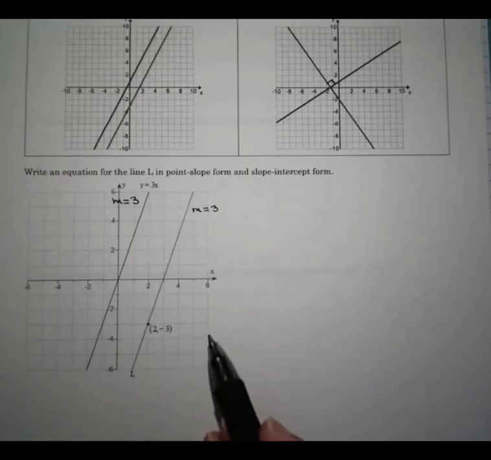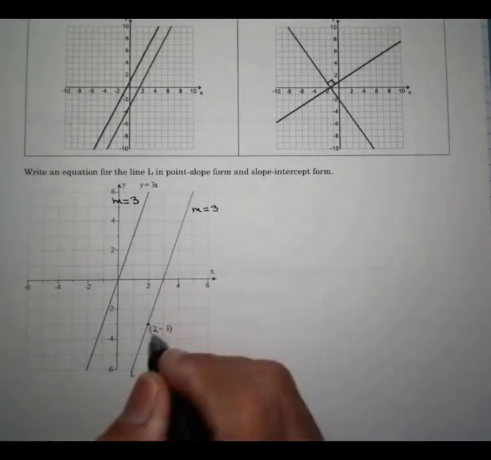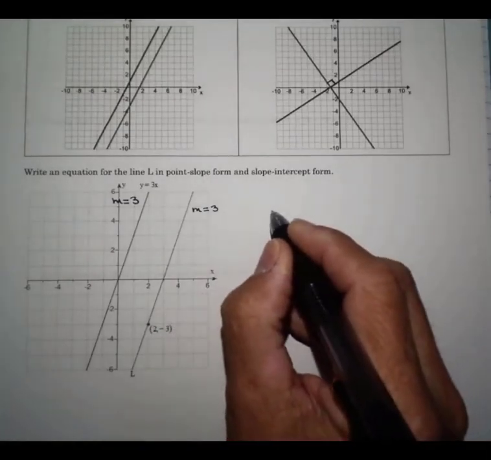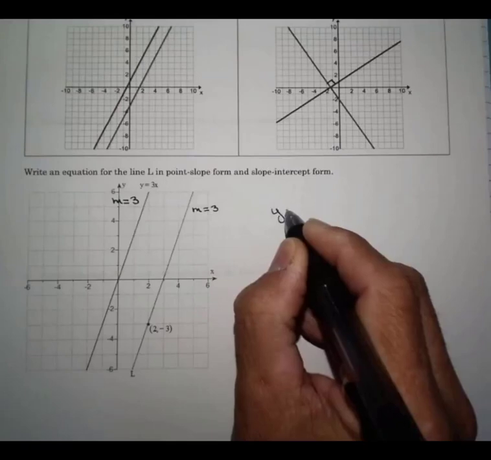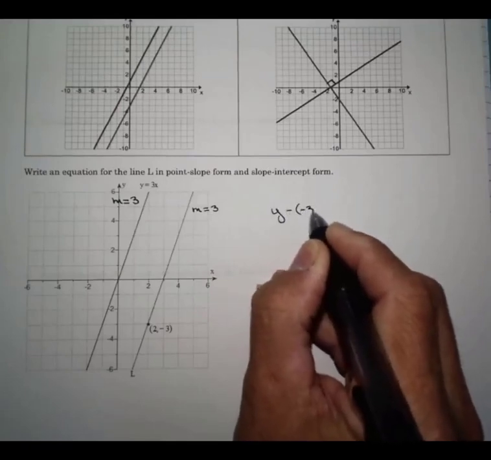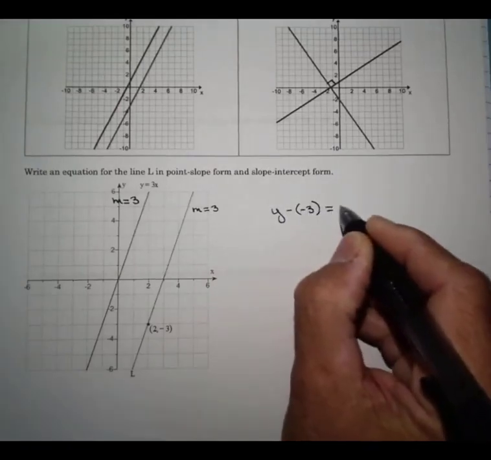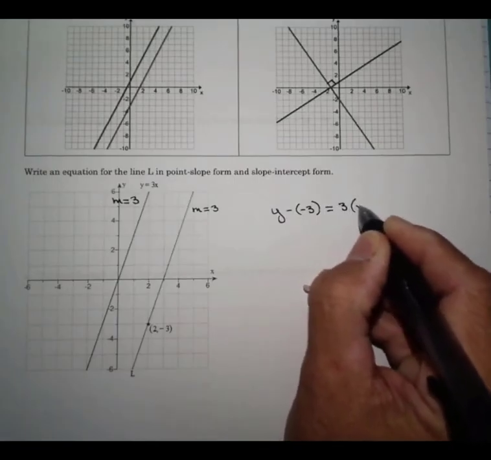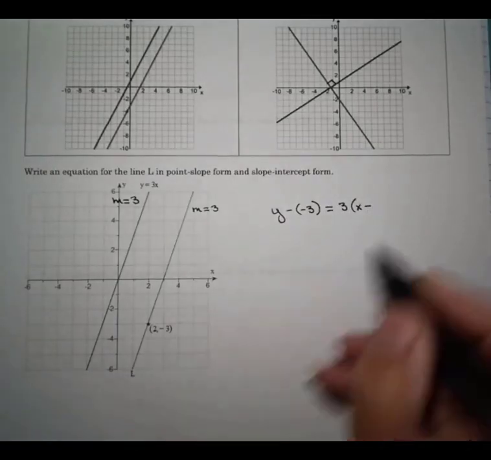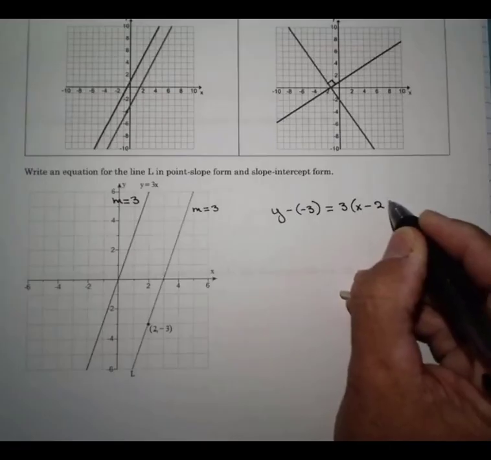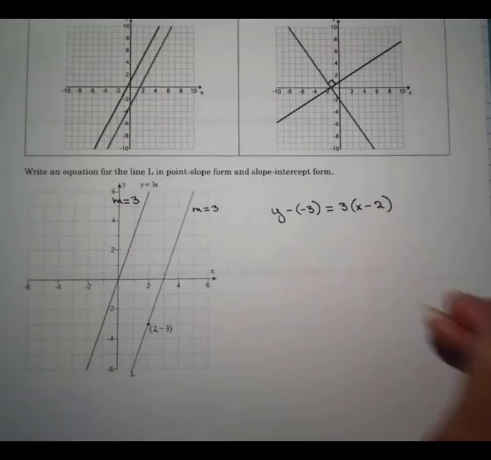Now, with one point and the slope, I can find the equation for that line, which is what I've been asked to write. So I go and use my format. I say y minus the negative 3, the y coordinate, is equal to a slope of 3 times x minus the 2, which is the x coordinate of the point.